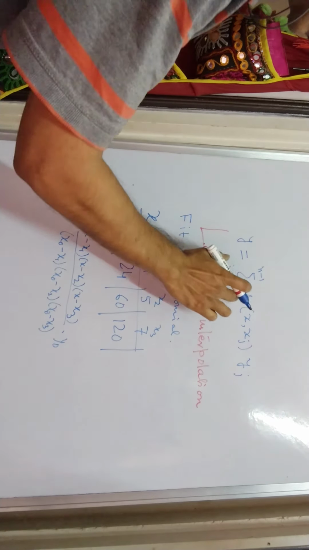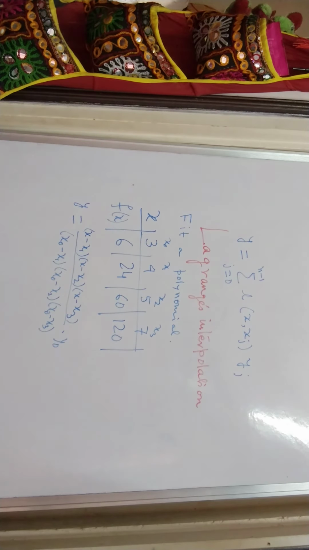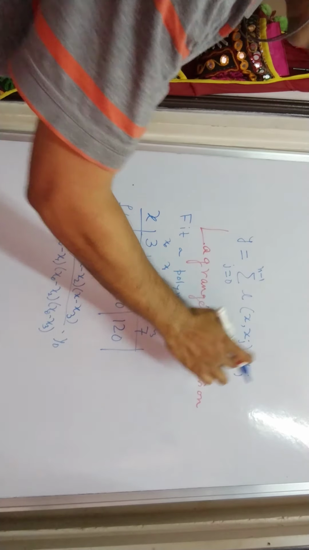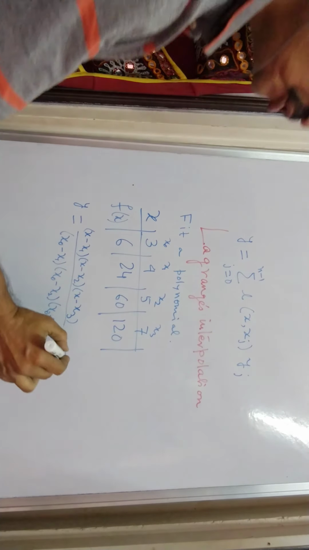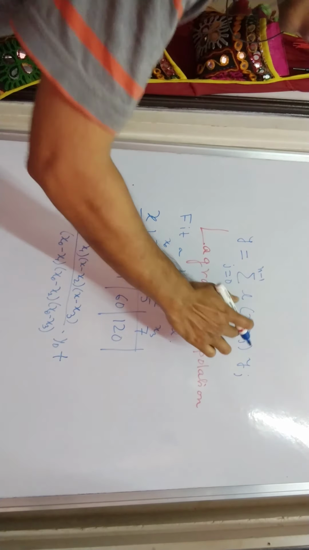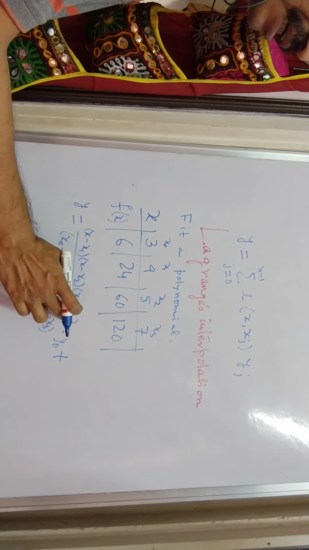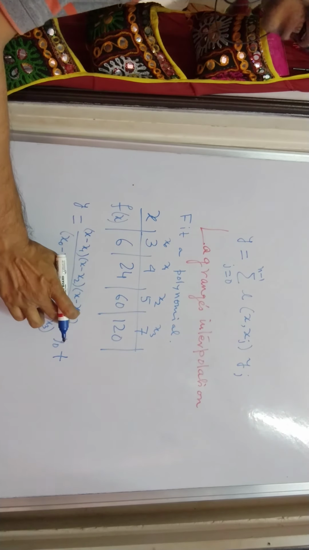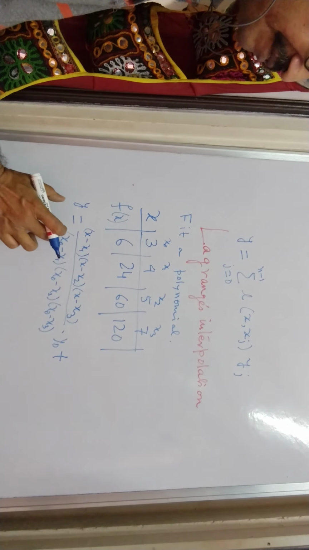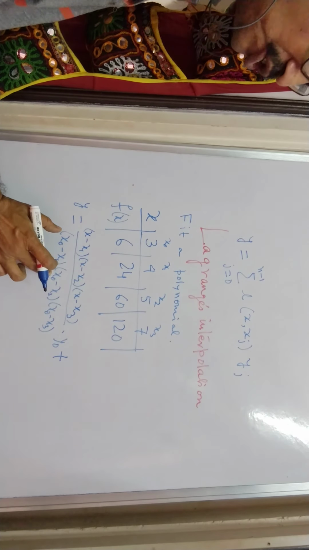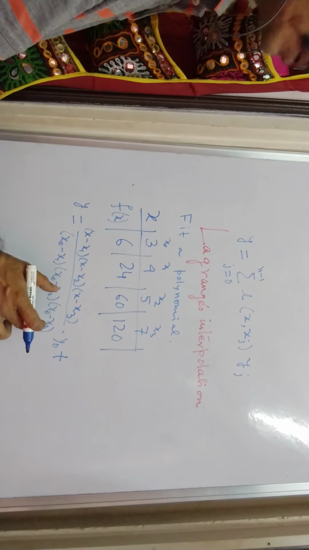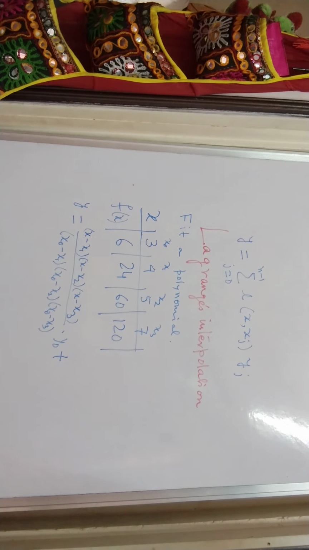What is the first term? The first term is L(x, x0) y0, and the second term will be L(x, x1) y1. So what is L(x, x0)? In the numerator we don't have x0, and in the denominator we have x0 minus x1, x0 minus x2, x0 minus x3.